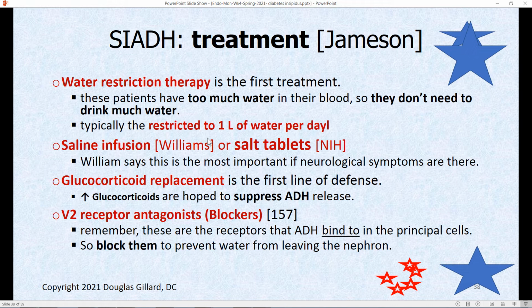If ADH is being released from a tumor or something, that's not going to work, is it? So you can also block the V2 receptors, which is what ADH binds to. So they're called V2 receptor blockers, antagonists, not agonists. Agonists cause agony of the cell. This blocks the cell.